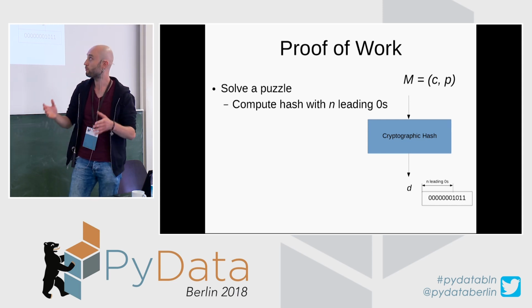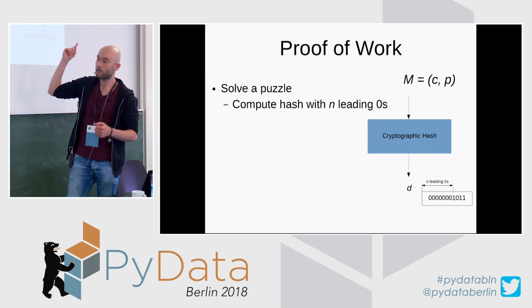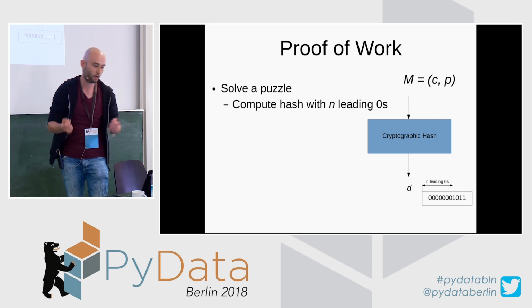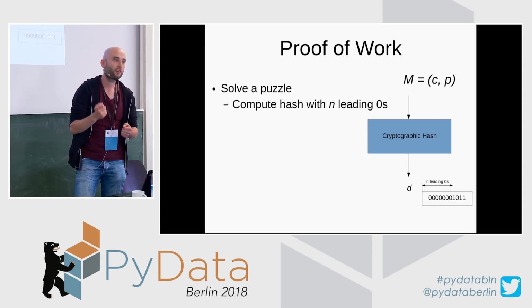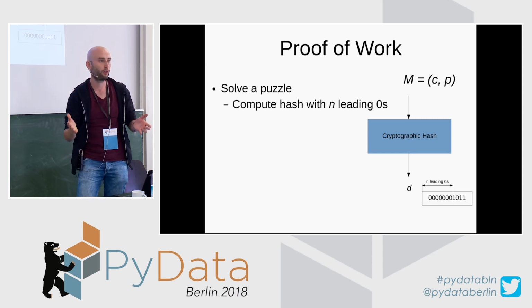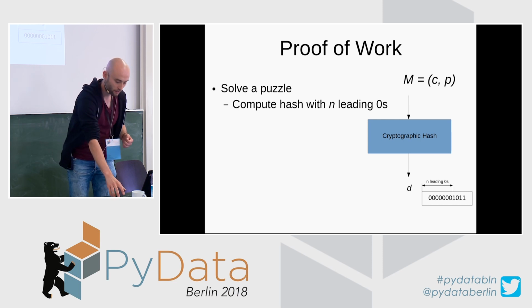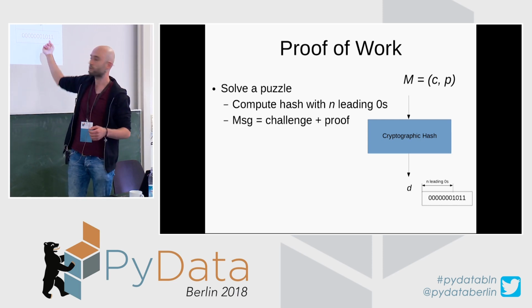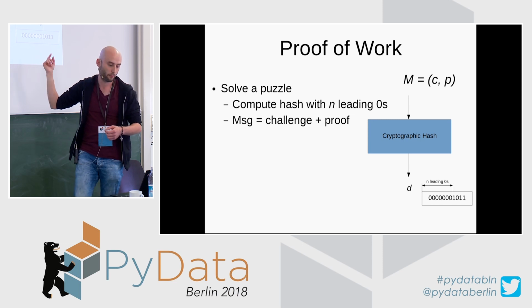So basically, the proof of work states that, dear miner, you're allowed to change the message as you like, but you have to come up with a hash digest that is small enough, or you might think of it as that has a sufficient amount of leading zeros, right? And this is incredibly complicated because sometimes this can be up to 40 leading zeros.